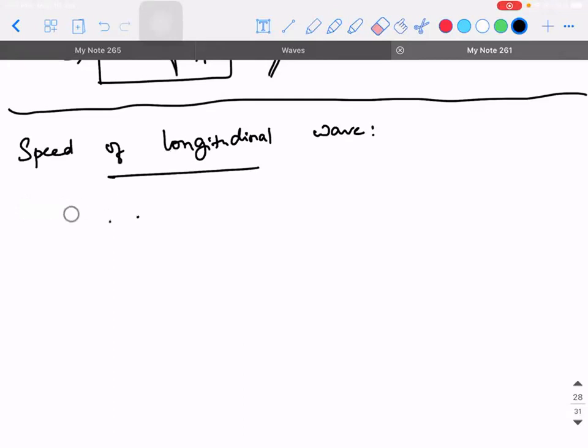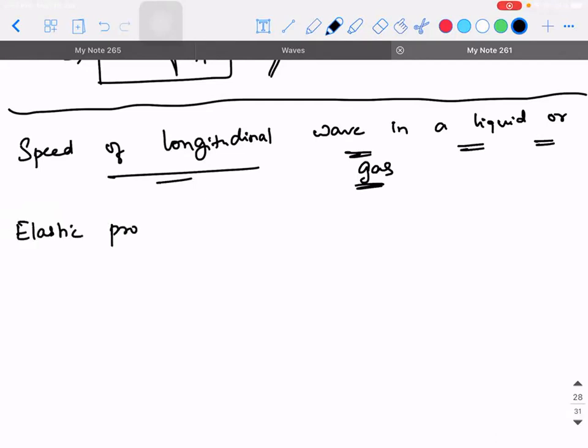So speed of a longitudinal wave in a liquid or gas. So what is the speed of a longitudinal wave in a liquid or a gas? What will be the elastic property of it? And what is going to be the inertial property?